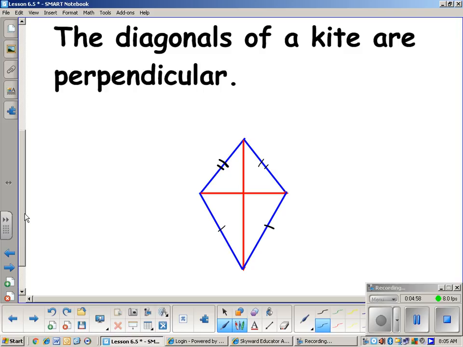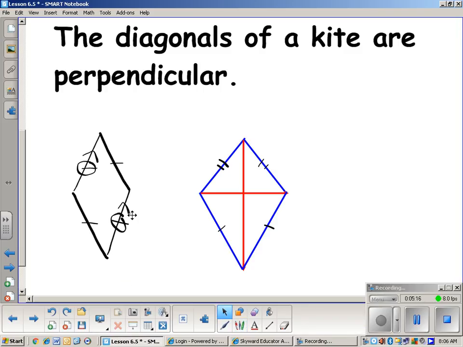I could have 2 pairs of congruent sides. And if opposite sides were parallel, then it would be a rhombus. Okay? So they throw that in there and say they can't.